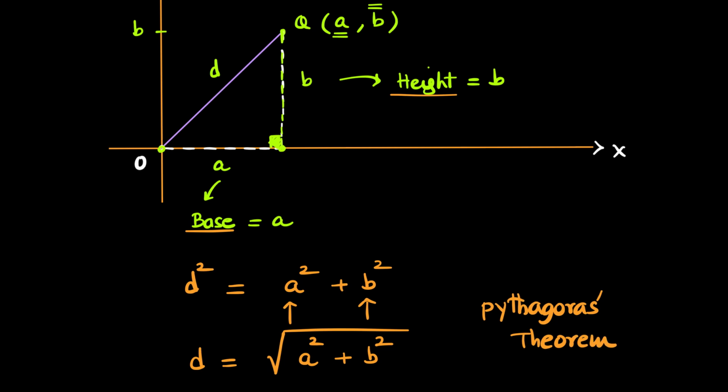Now let's apply this to a particular question. Let me draw the grid once again. So this is the x-axis, this is the y-axis, and I'm labeling the origin as O. Let me label the points 1, 2, 3 and 1, 2, 3 and 4.